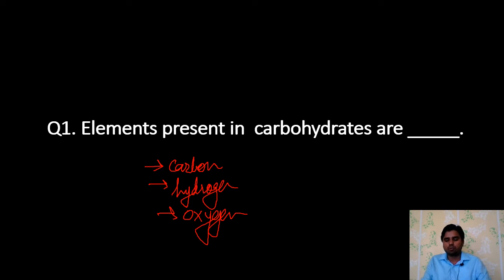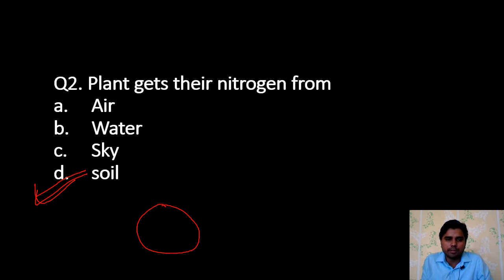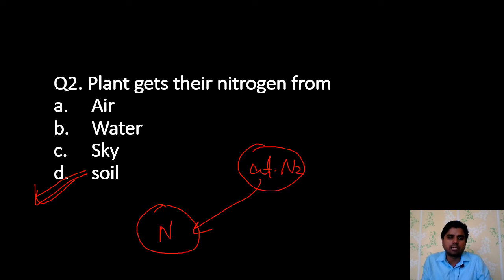Okay, so moving forward, student, does the plant get nitrogen from atmospheric air or from the soil? Yes, so the plant gets its nitrogen from soil. We know that the nitrogen present in the soil basically comes from atmospheric nitrogen, which is done by the bacteria or microbe known as rhizobium.